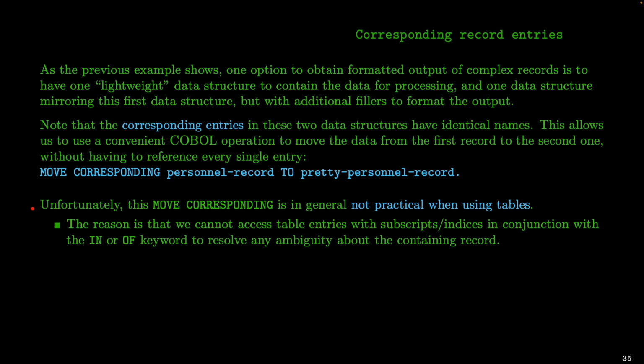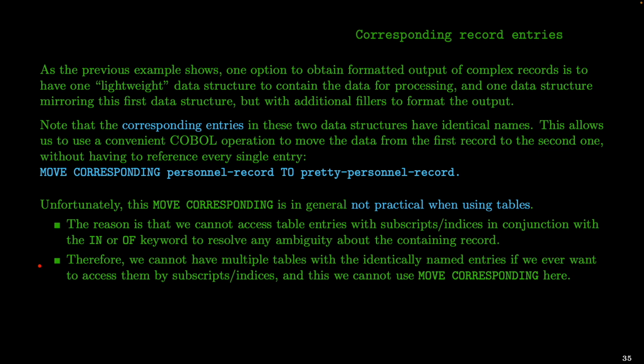Unfortunately, this is not practical when using tables, because we cannot access table entries in conjunction with the IN and OF keywords. If we have the lightweight data structure and the corresponding pretty print data structure, and their record entries had identical names, then we would have to use IN or OF keywords to resolve the ambiguity in the naming of these data items, and that does not work with tables.